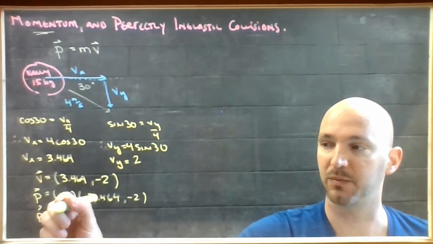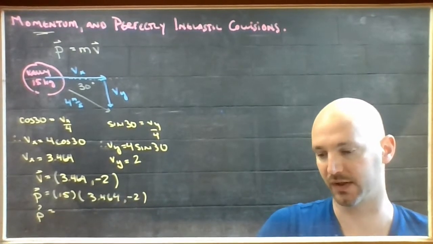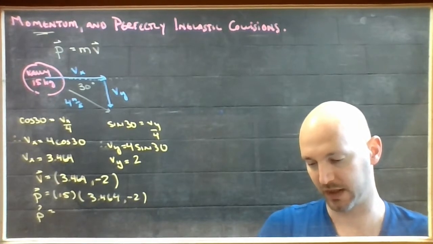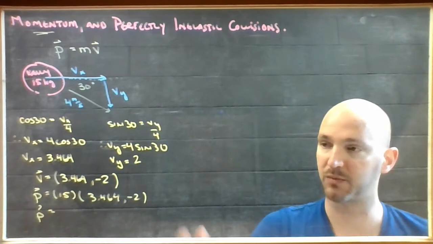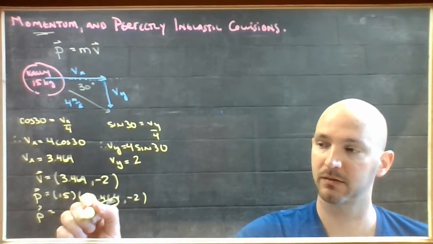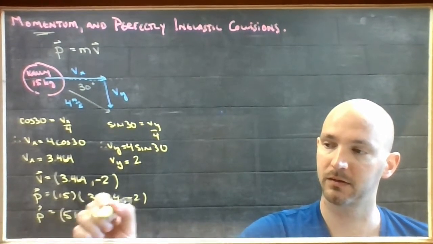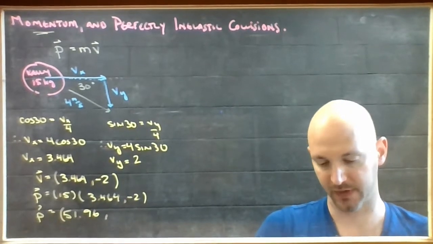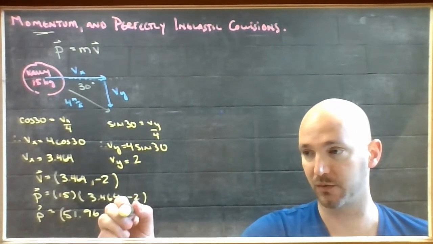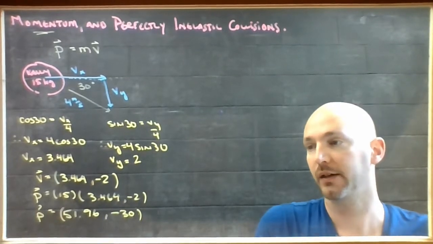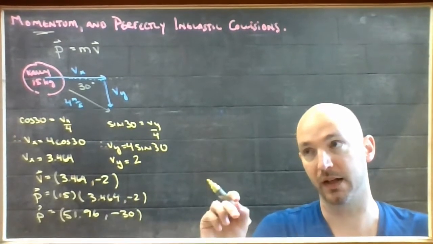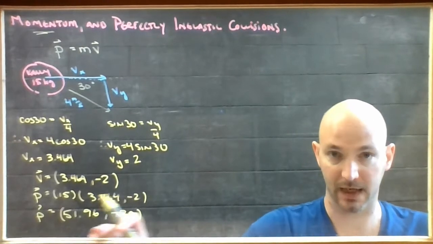So P would be 15 times 3.464, which gives me 51.96. And negative 2 times 15 would be negative 30. All right, so there's Kelly's momentum written as a vector.